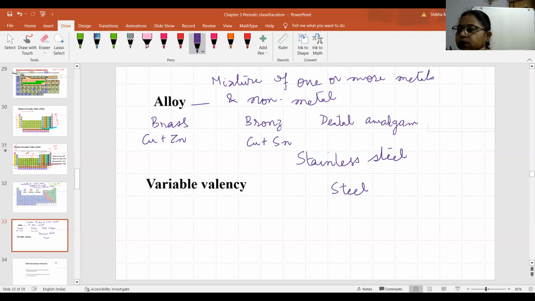Most of the time we use utensils made up of steel. So what is a steel? See, steel is also an alloy, right?